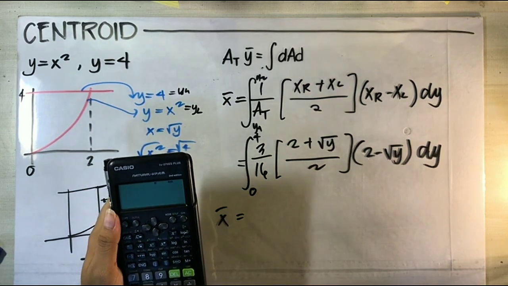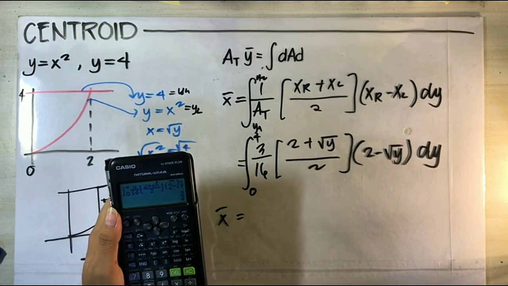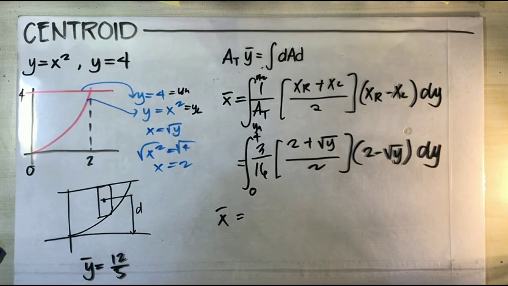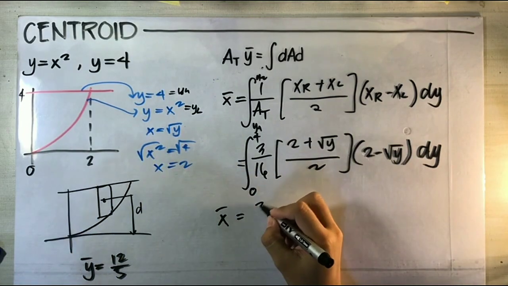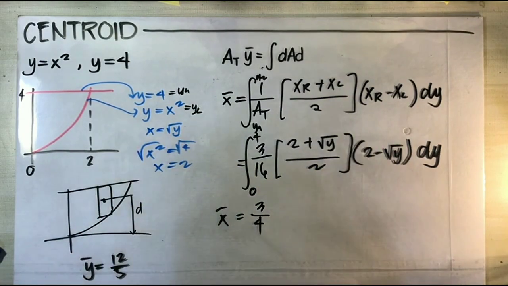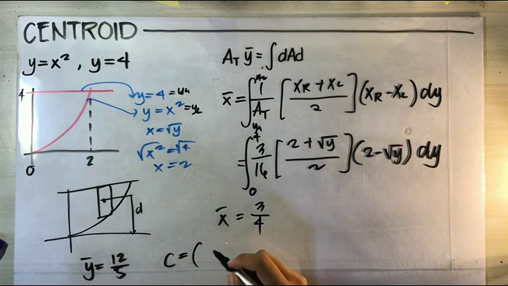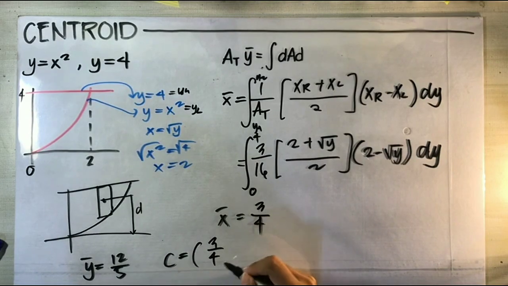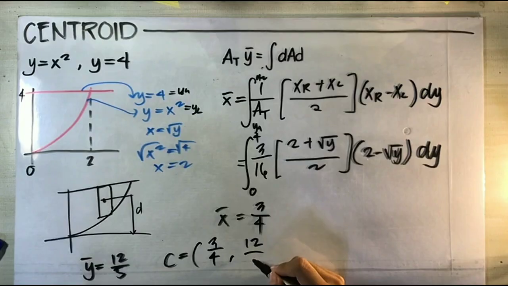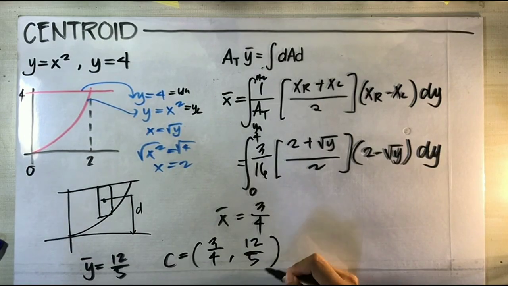So our x bar is 3 all over 4. 3 all over 4. So our centroid is equals to, the vertices of our centroid is 3 all over 4 and 12 all over 5.